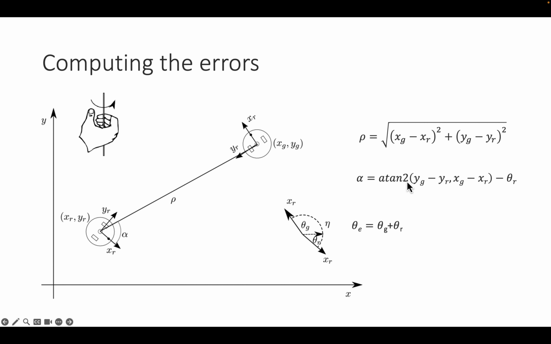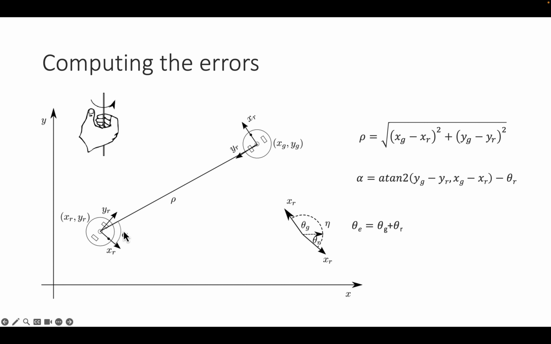Now there are two things that are different from what has been previously said. The first thing is I also add, or subtract, another angle, which is theta r, the actual orientation of the robot. In this case, the orientation of the robot is minus, let's say, 30 degrees. Why minus?